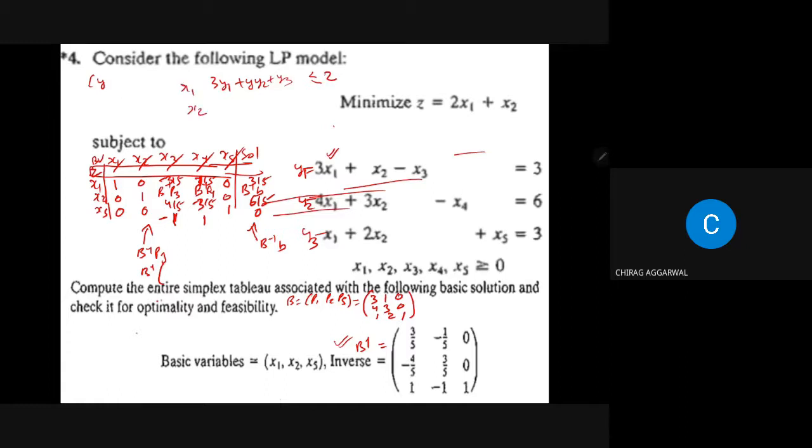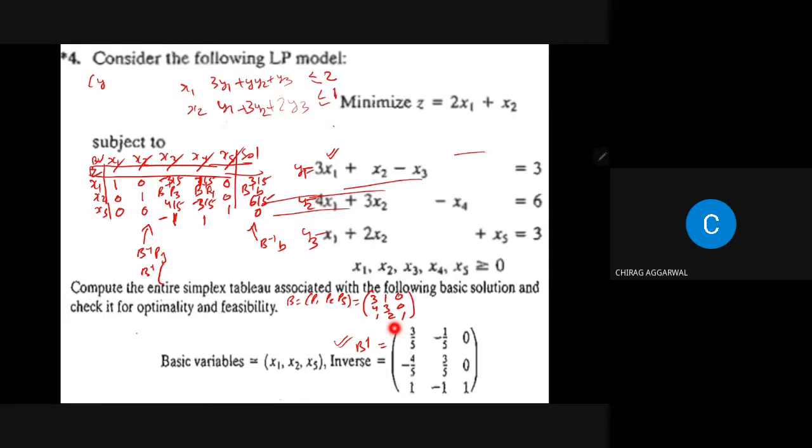Corresponding to x2, it will become 3y1 plus 3y2 plus 2y3 less than equal to, and here we have 1.